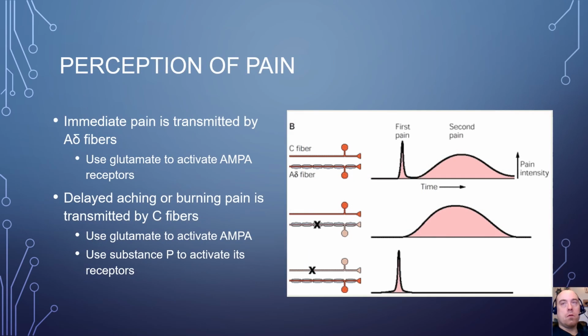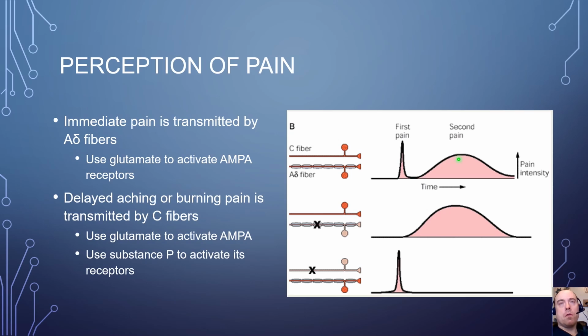An easier way to look at this, I think, is that actual graph here. So the idea is that the A delta fiber would give you your initial immediate pain, and then a chronic pain still associated with the same region of the body, the damage to the same region of the body, or an insult, kind of a trauma or something. They're both coming from that, but one of them is going to be later, and that would be the C fiber.